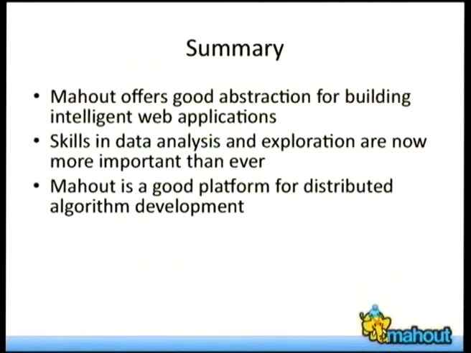So I guess to summarize everything that I've been through today, I think Mahout is a really good library. It offers good abstraction over, when I started this presentation, I was saying there was distributed processing, and Google had this idea of MapReduce.